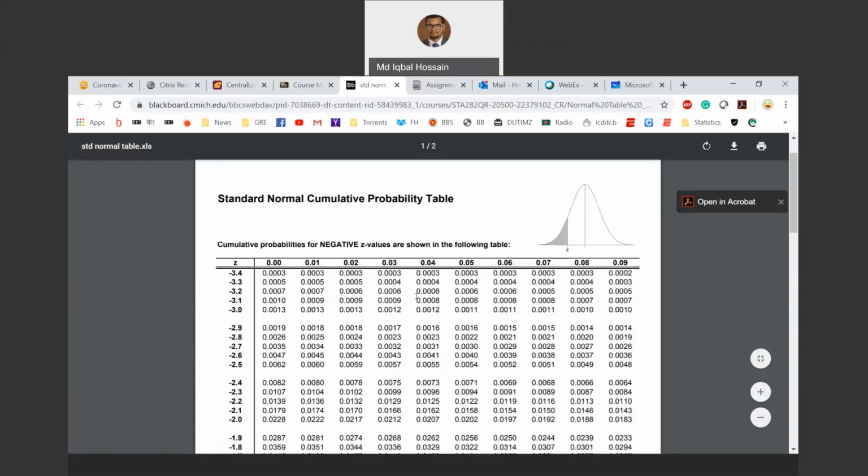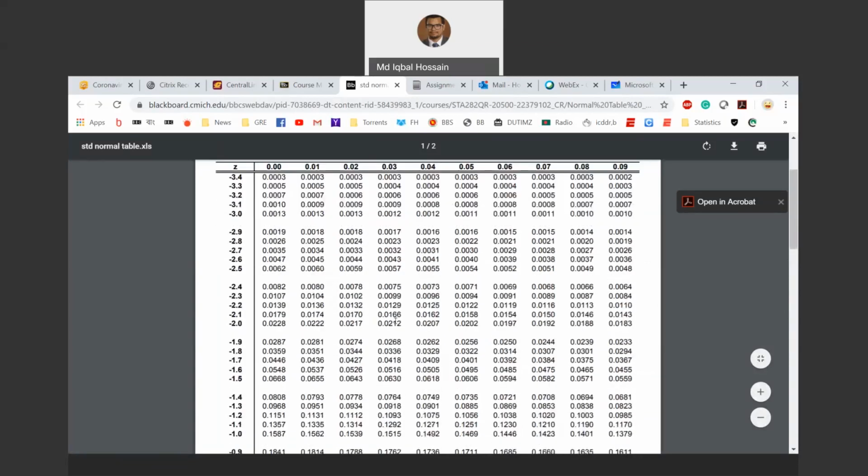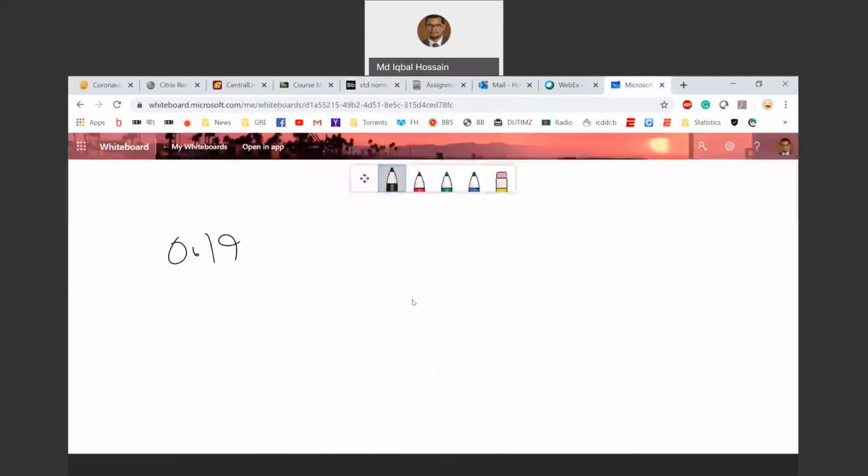Now we can see all the areas we are finding here. We are finding the exact point for F1. So that was our value for F1. If this is Z1, this value indicates F1 is the area on that side.